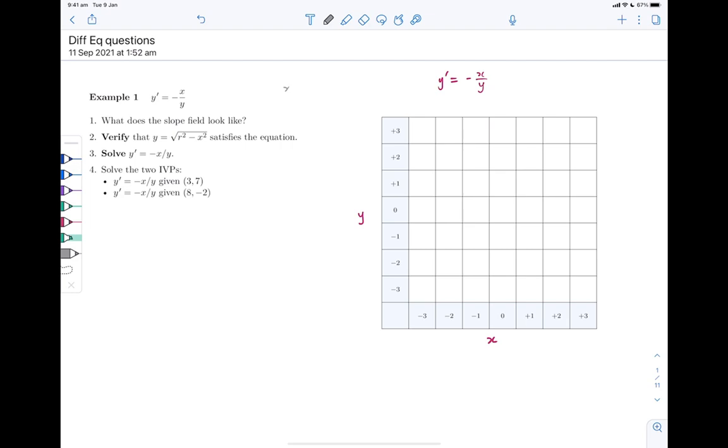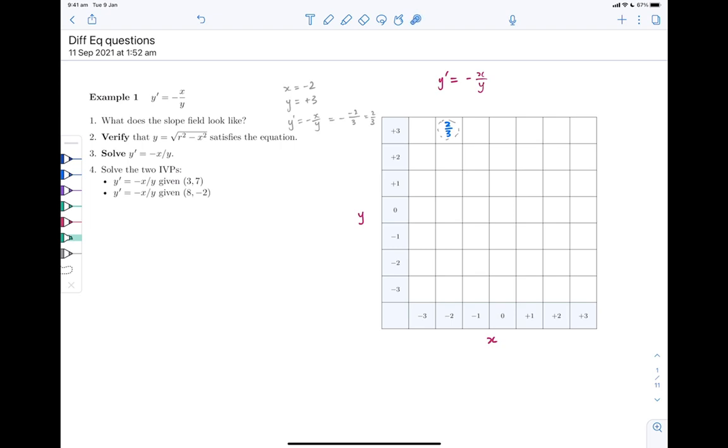So if x equals -2 and y equals +3, right here, then y dash equals -x over y, then that is -(-2) over 3, which is simply 2/3. Okay, so I'm going to pop a 2/3 in there.